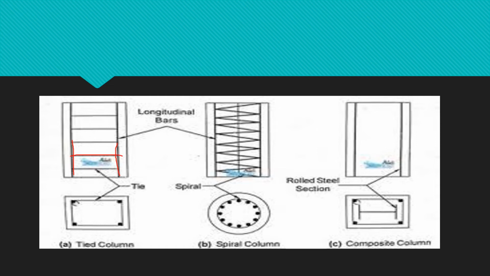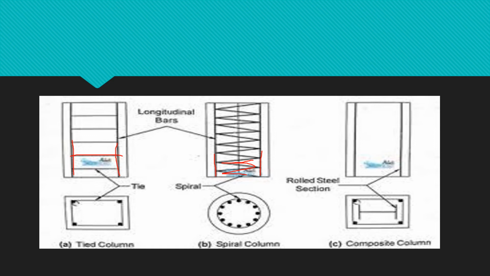Next is spiral column. Spiral columns are cylindrical with a continuous helical bar wrapped around the column. So these are the longitudinal bars and the continuous helical bar that is wrapped around the longitudinal bars.